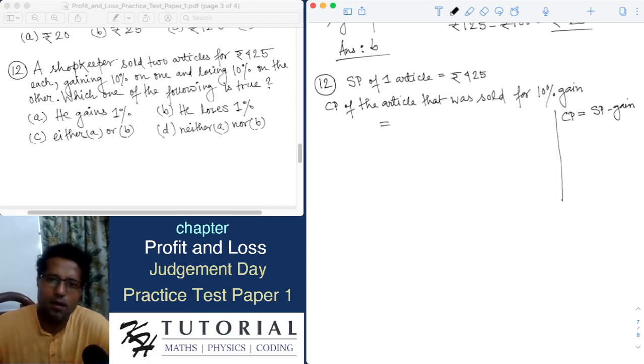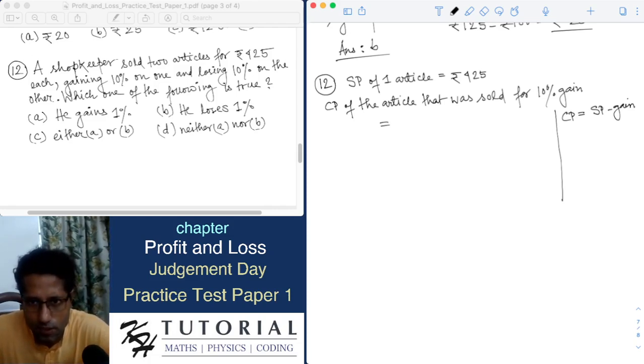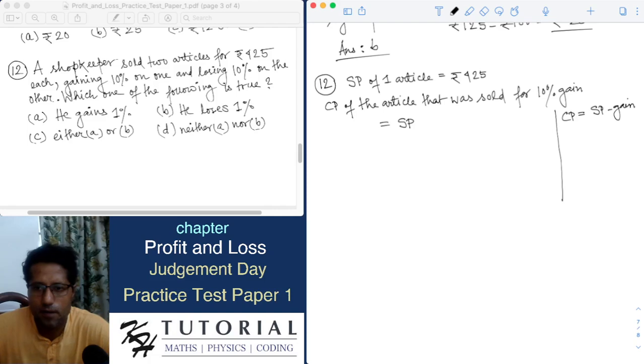So if there is a gain of 10%, then this 10% is based on the cost price. We can say that cost price will be equal to the selling price of one article minus the gain. So what is gain?